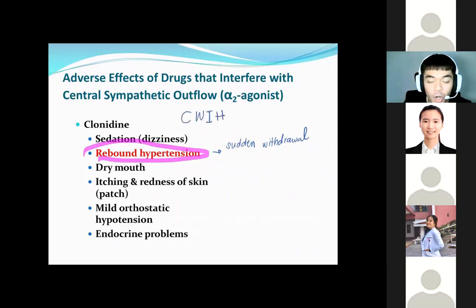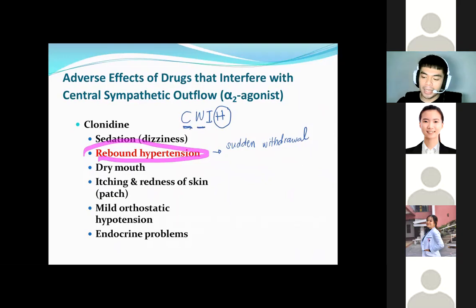Kasi nangyari ang hypertension nung in-stop mo, nung winidraw mo ang clonidine. Kaya rebound hypertension ang tawag.